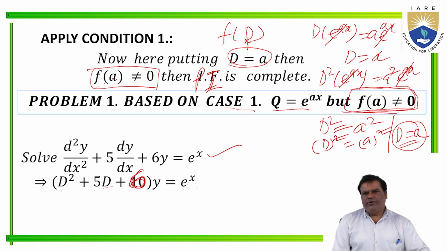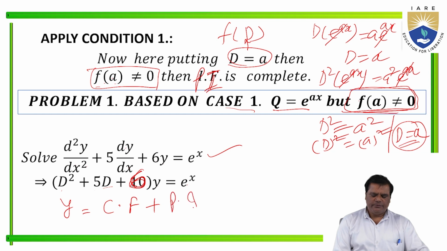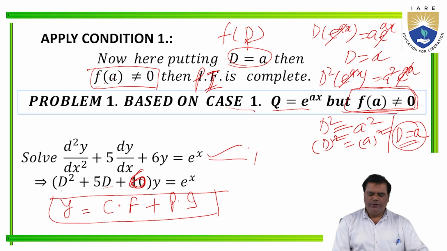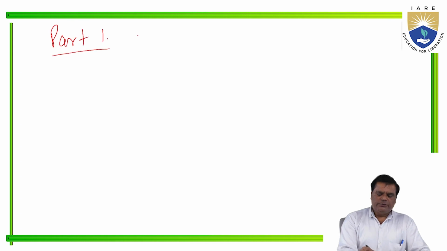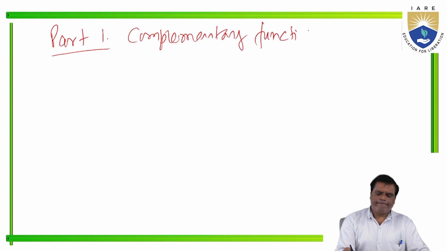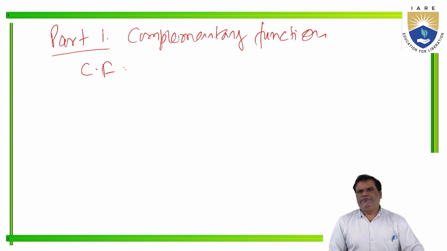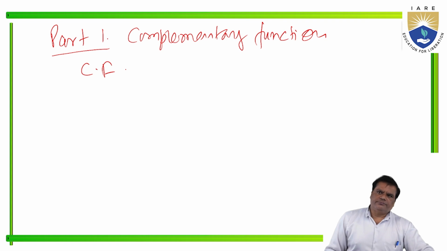First of all, the solution is y equal to CF plus PI. This is the complete solution of the equation, in two parts. Part 1 is the complementary function, CF. First we find the CF of the given equation.